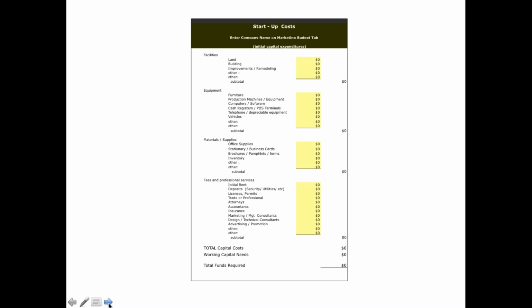Now, the materials and supplies, those are things you're going to consume in the first year. And you have to think about, what equipment do I need on hand? Do I need paper, pens, stationery, brochures, pamphlets, forms? Do I need any inventory? If you have a store, you open the store and there's nothing on the shelves, what are you selling?